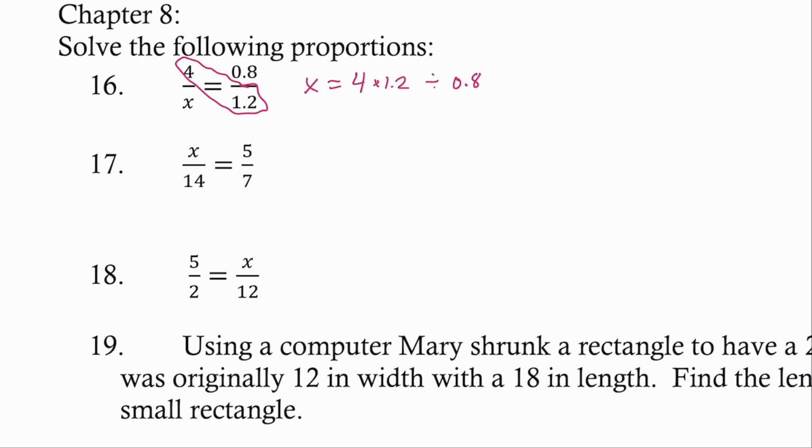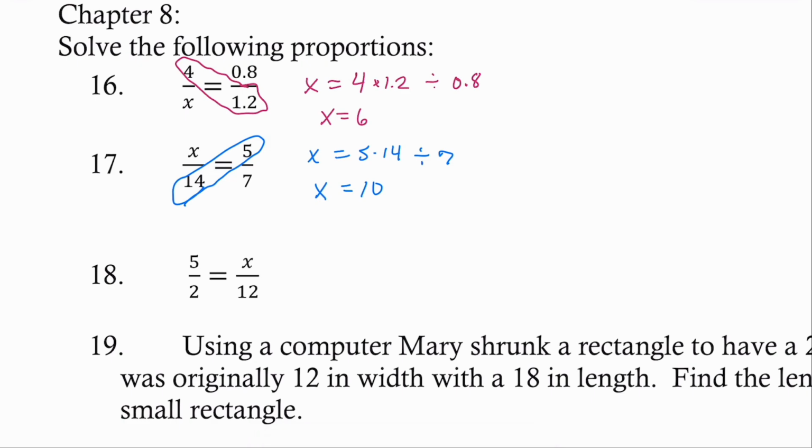So 4 times 1.2 divided by 0.8 is 6. Let's look at the next one. In the next one, 5 and 14 are across from each other. So x is going to be 5 times 14 divided by the number we haven't used, 7. And we get that x is 10.